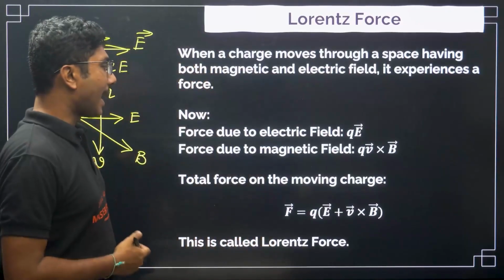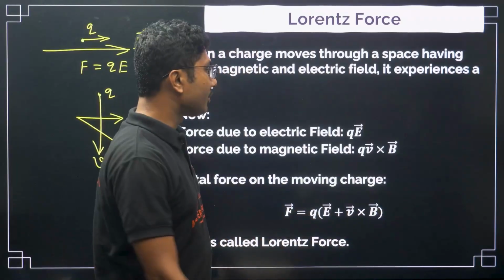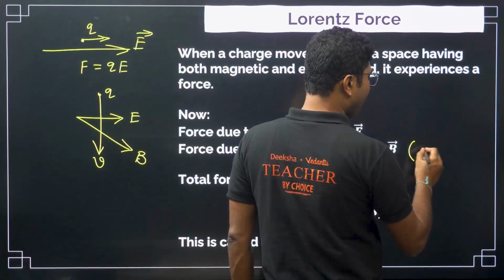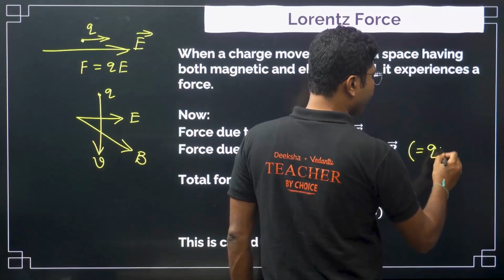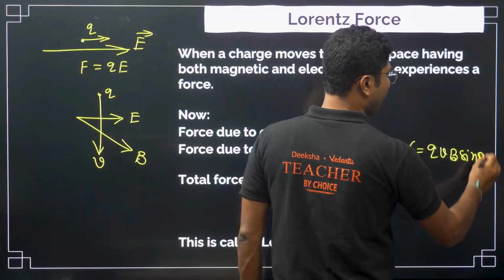Okay, and as you can see, there is a cross product. Cross product means if you only consider the scalar part, then the magnitude is q v B sin theta, right?